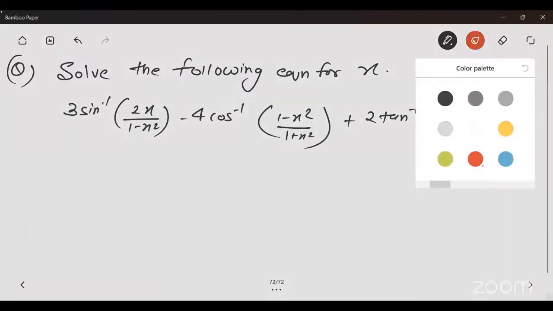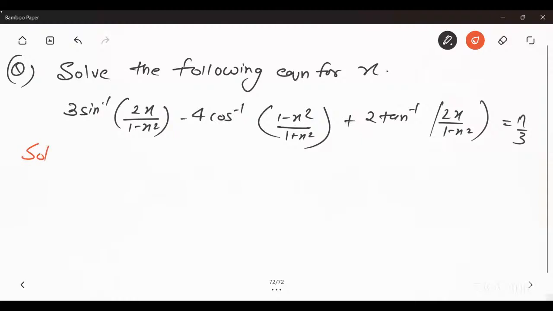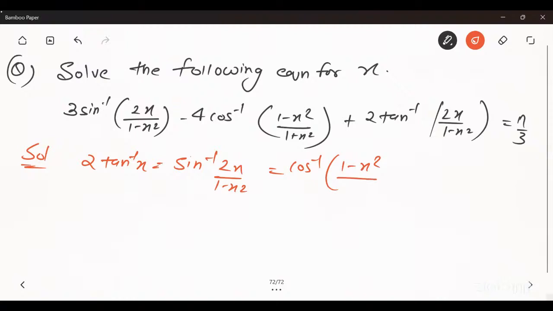Now solve this question. We know that 2 tan inverse x is equal to sine inverse 2x upon 1 plus x square. The next formula is that 2 tan inverse x is cos inverse 1 minus x square upon 1 plus x square. Another formula is that 2 tan inverse x is tan inverse 2x upon 1 minus x square.